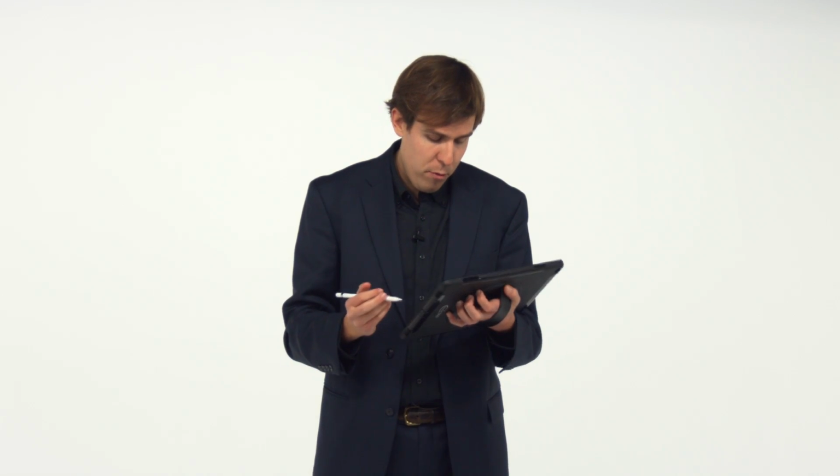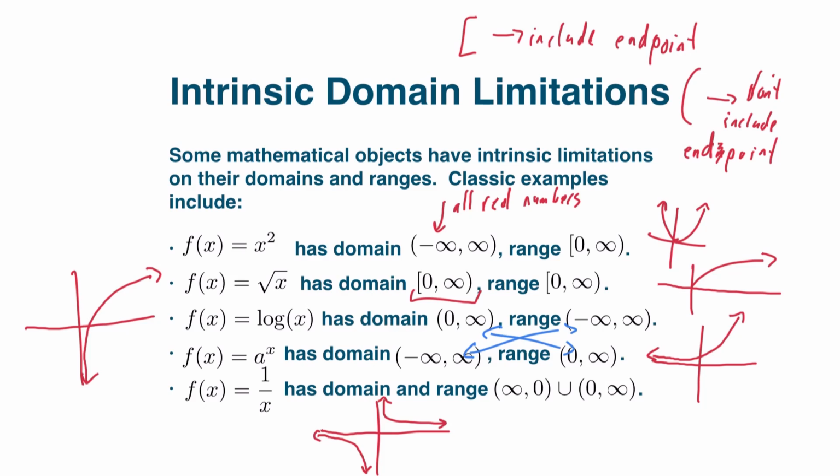It's not possible to input any value of x and get 0 as an output. So both the domain and the range should be minus infinity to 0 together with 0 to infinity. Another way of saying this is all numbers except 0. That's sort of the sticking point.